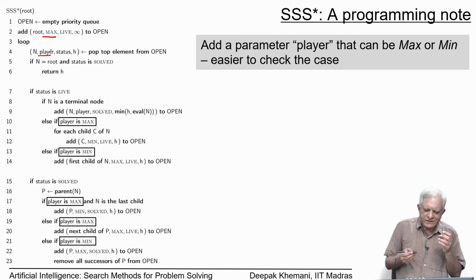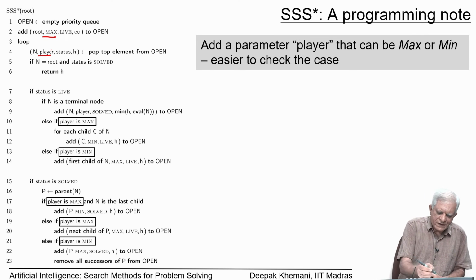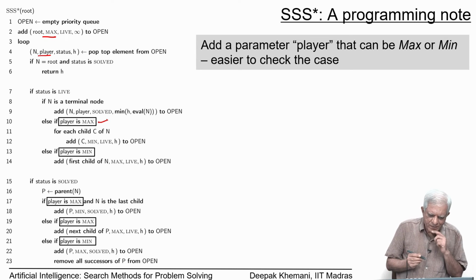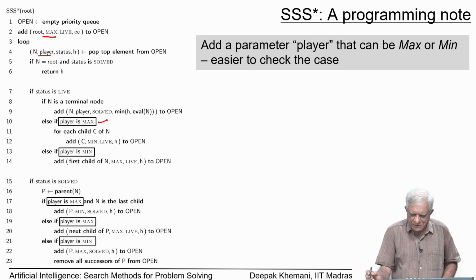So, it has the name of the node, which is n in this case, and whether it is a max node or a min node, that additional information you can add. So, that this is the kind of check you can do, that instead of saying it is a max node, you can say if player is equal to max or something like that, or if player is equal to min. It is just a programming note.